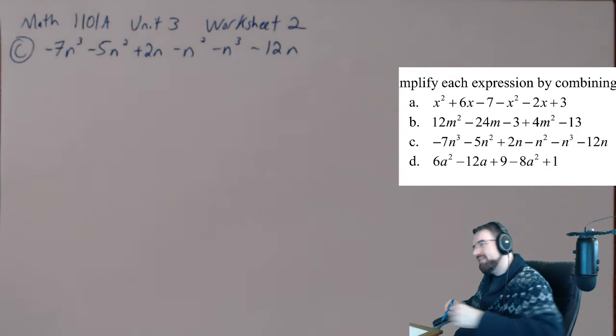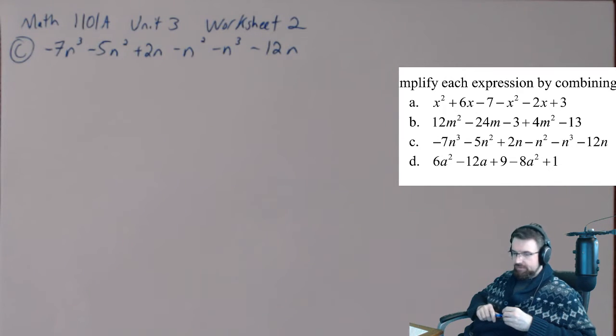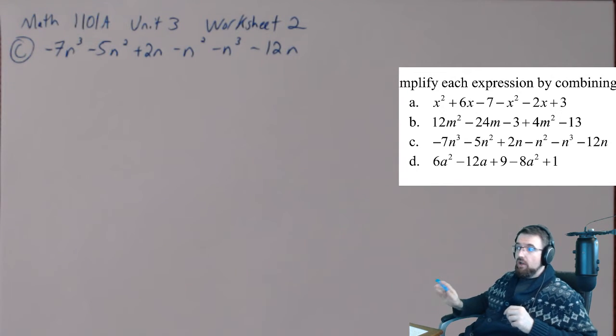Okay. Well, what does it mean to combine like terms? Combining like terms means we're going to combine all the numbers that are just numbers, that don't have any variables, and we're going to combine all the variables that are the same. Even though all of these have an n in them, they're not all the same, because different powers of n we treat as different.